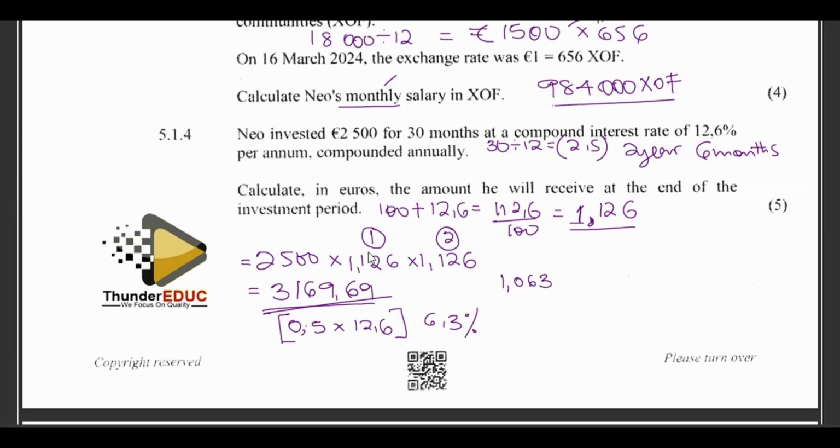You see that? How much will it be? And remember, we shall pick this money here, the one at the end of the 2 years. So the final amount will be 3,169.69, and the answer becomes 30,600. Don't forget these are euros.